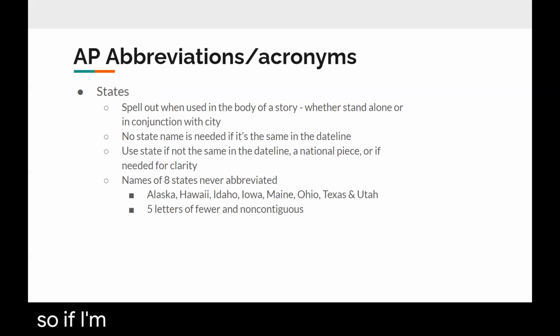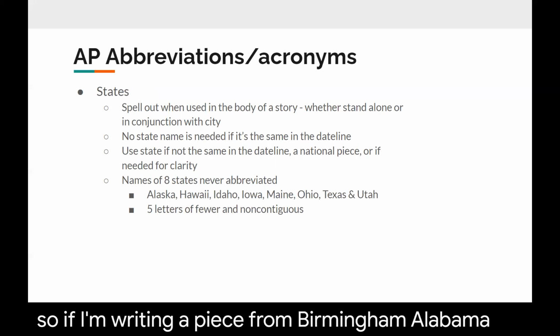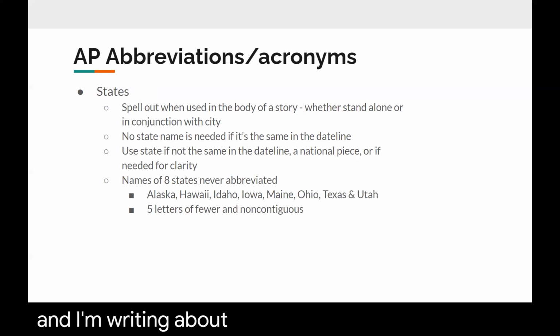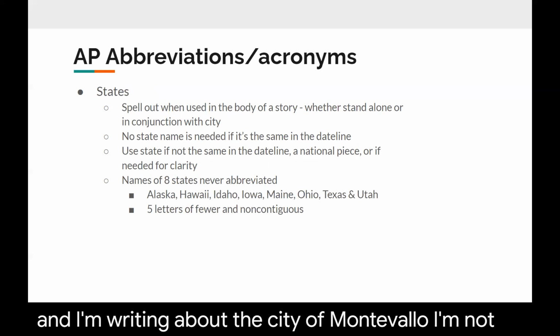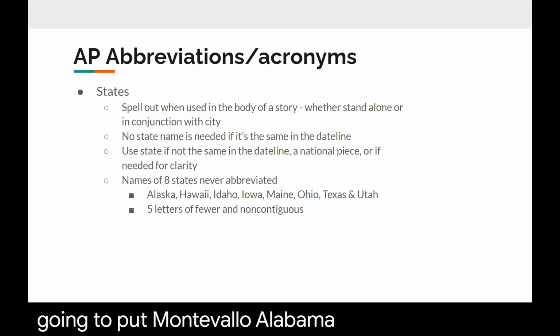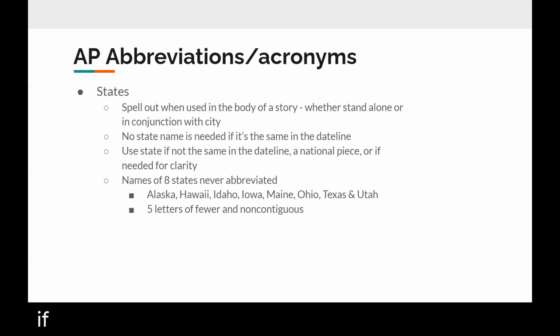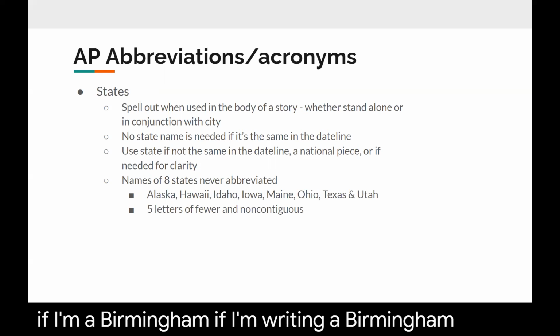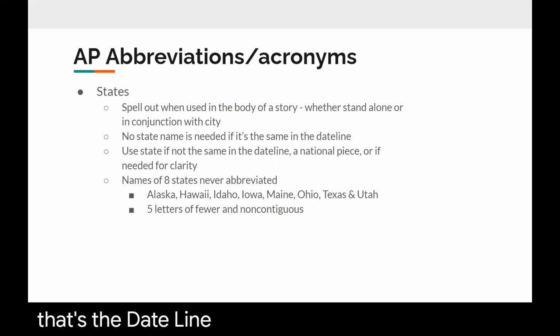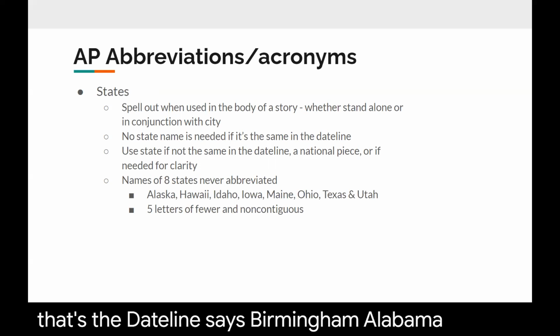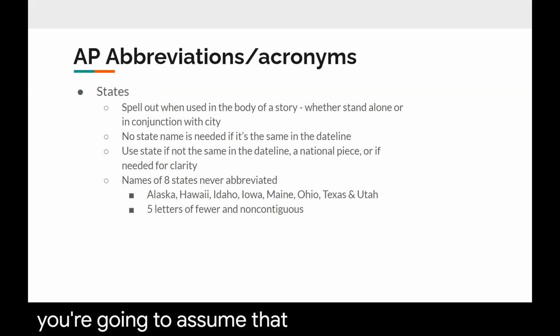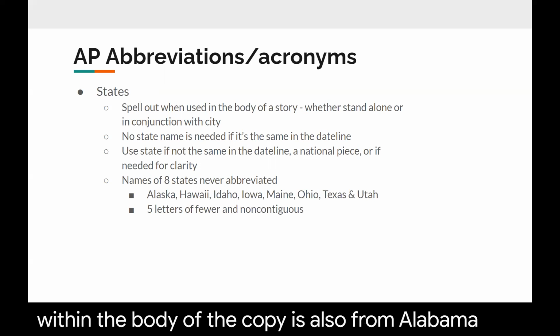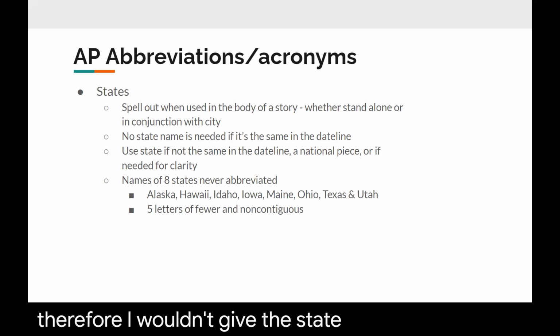So if I'm writing a piece from Birmingham, Alabama, and I'm writing about the city of Montevallo, I'm not going to put Montevallo, Alabama in my copy, because if the dateline says Birmingham, Alabama, then you're going to assume that any city mentioned within the body of the copy is also from Alabama, and therefore I wouldn't give the state name.